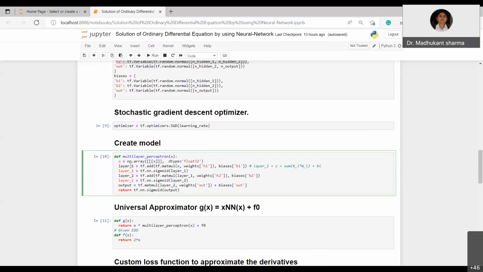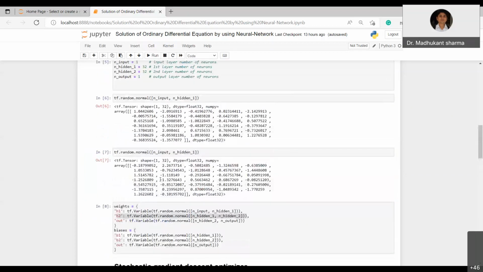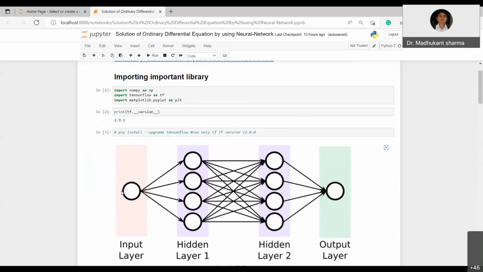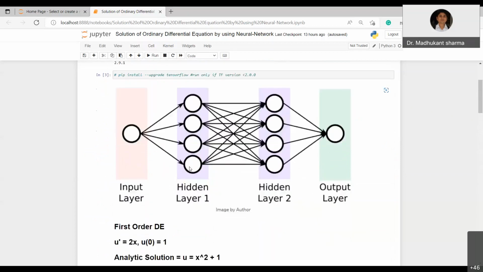X will be one array, defined this way. Suppose we get one tensor, and after entering X from those nodes, X will be going there, there, there, and there. After that we have to take one multiplication of X with weight and add bias.